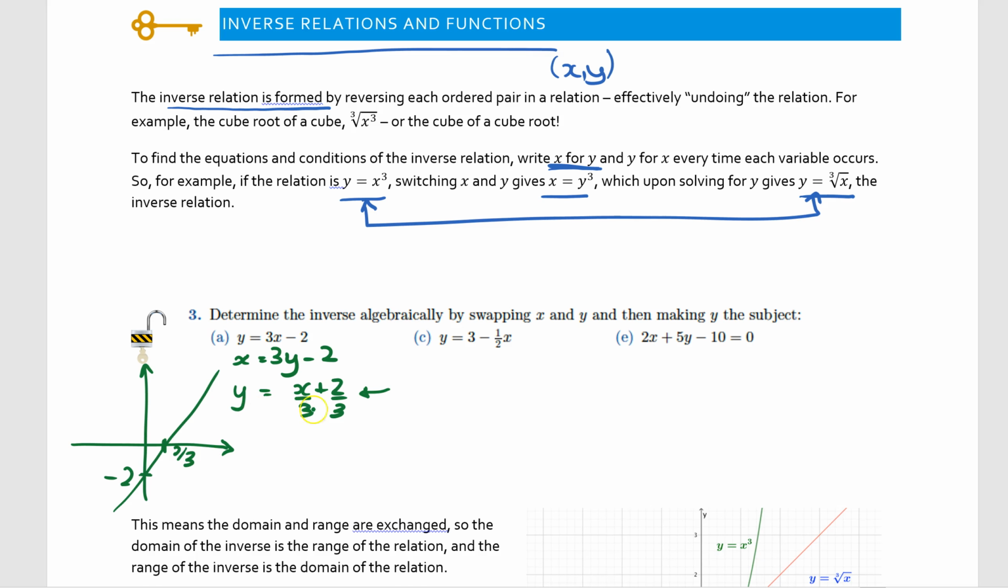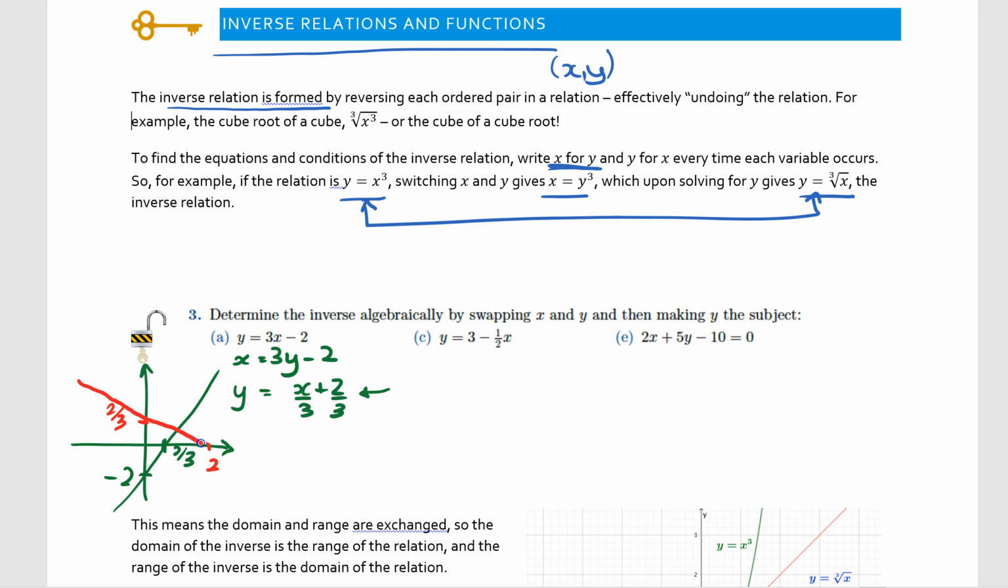Now, if I graph this thing here, and I'll do it in a different colour, this graph cuts at plus 2/3. It's got a gradient of 1/3. So that means it will cut through the x-axis when y equals 0. So that will be at 2, so out here at plus 2. So the line would look like this.